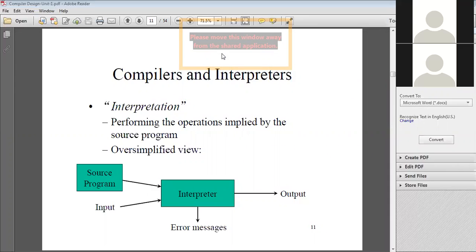The compiler converts the whole program into machine language once, but the interpreter converts the high level language into machine language line by line, so it takes more time. Even though the time taken by the interpreter is more, we still use the interpreter, but the use of the compiler is more.